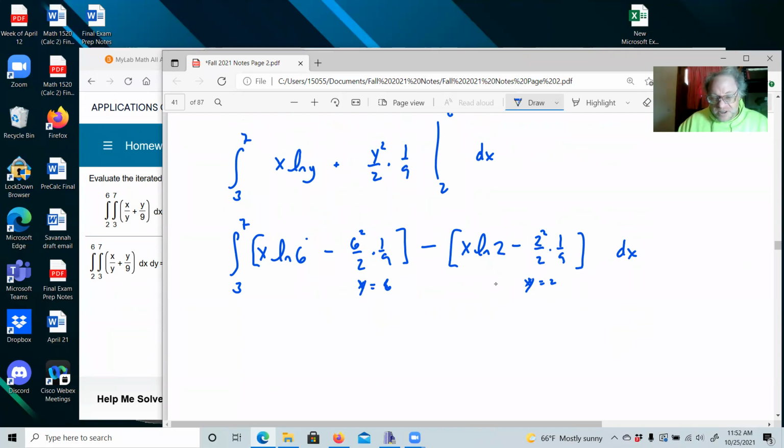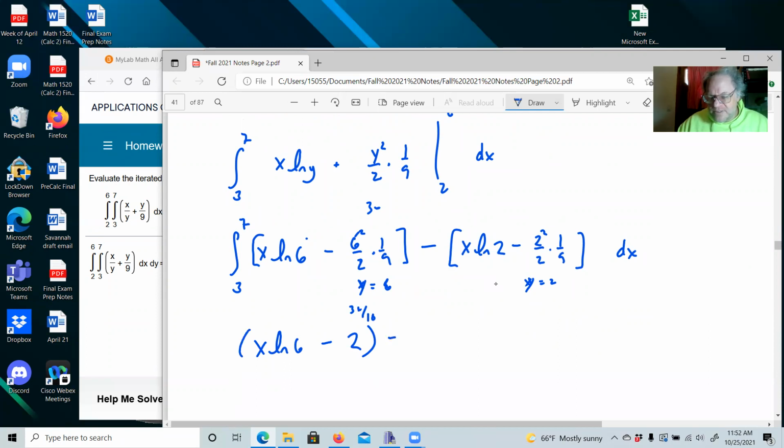So what do we have here? We have x ln 6, minus 36 over, 6 squared is 36, sorry. 2 times 9, right, this is 36 over 18. Isn't it 2?